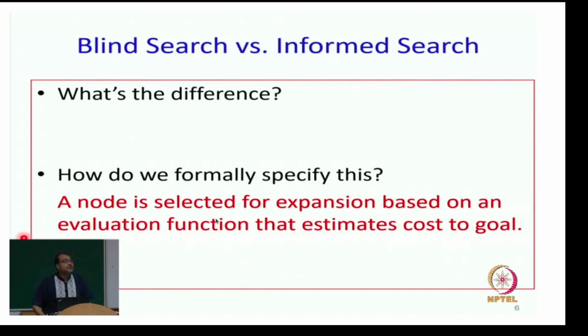For each node there would be some evaluation function, some evaluation measure. Some number would be there, and that would be given by the evaluation function, which gives the estimated cost to goal.